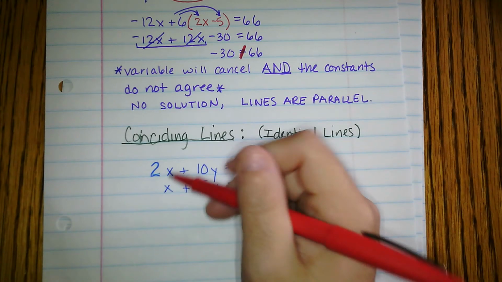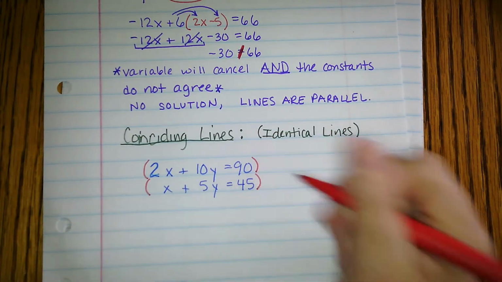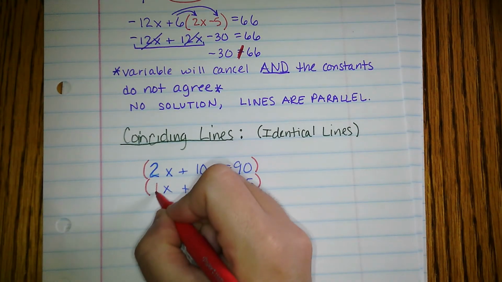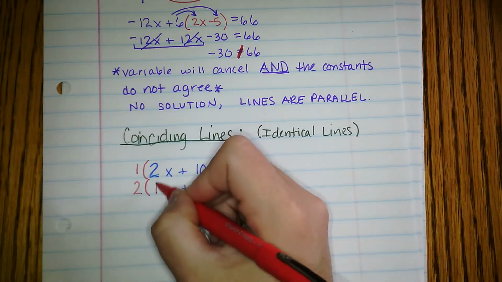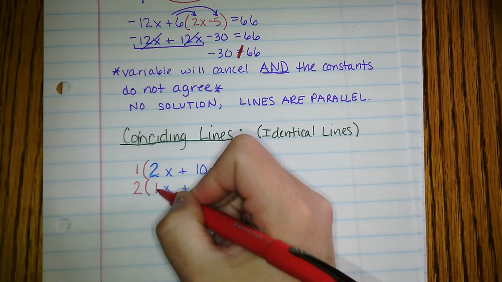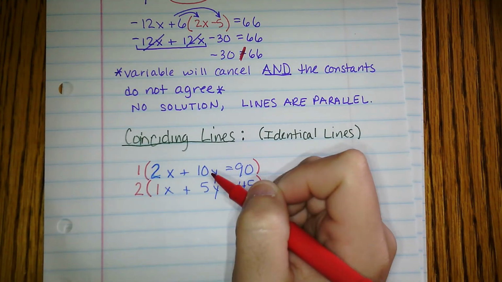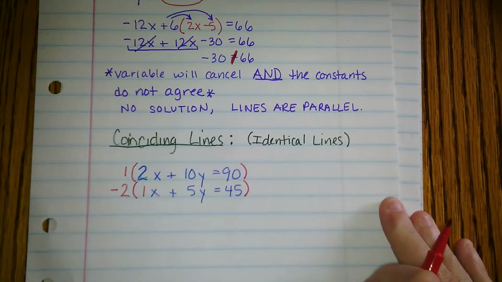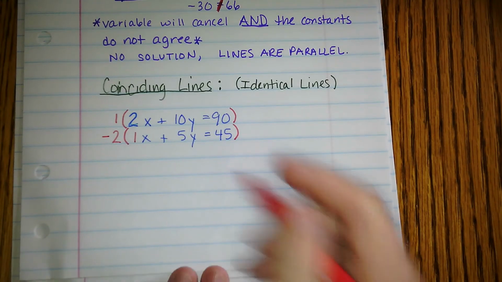So I'm going to make two big parentheses for the distributive property, and I'm going to swap. Now, this is really a 1 in this spot, so I'm going to put the 1 up here and the 2 down here. Because they have the same sign, both positive, I need to introduce a negative on the bottom one. So I'm going to make two brand new equations.